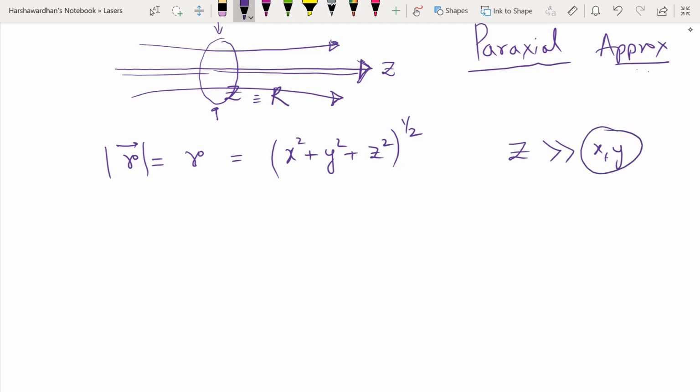That is precisely the paraxial region. So I rewrite this as x square plus y square plus r square, realizing that r is now much larger than x and y, where I can bring out r as common, and this I can write as 1 plus x square plus y square by r square.